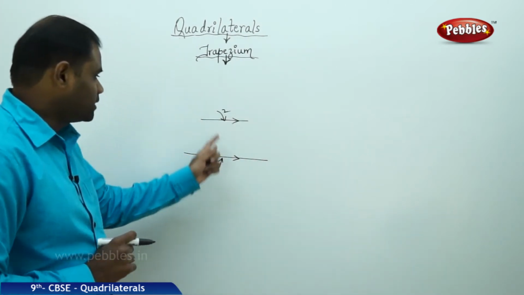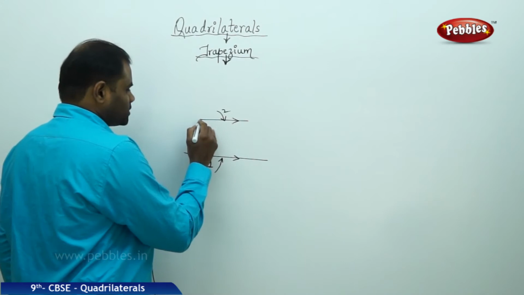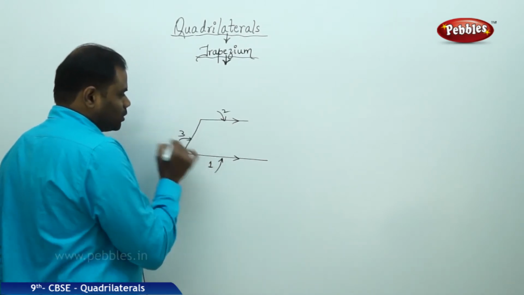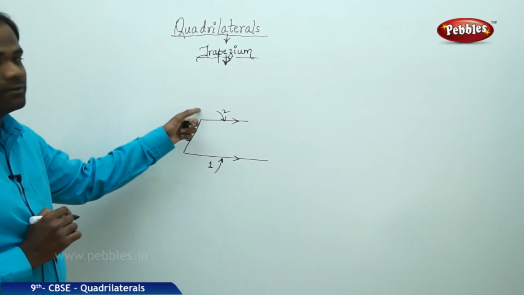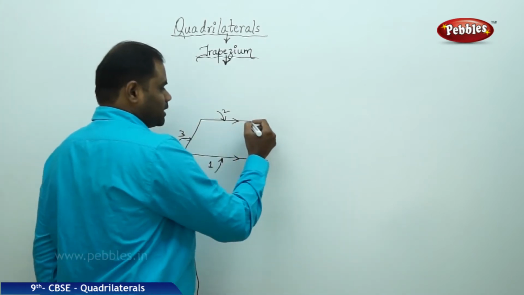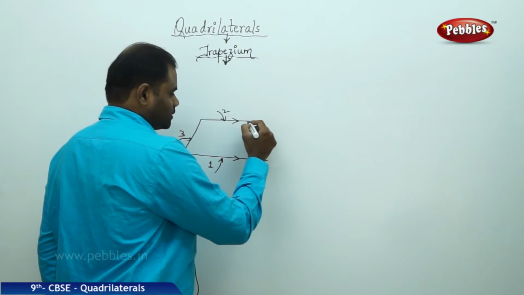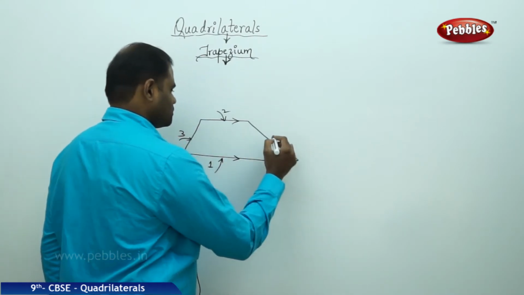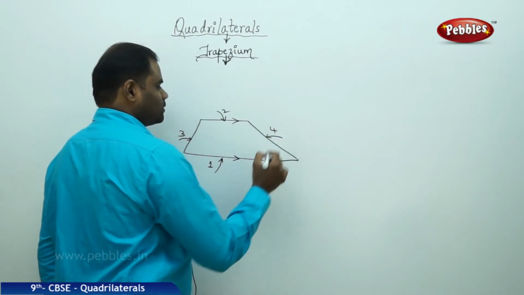Once I arrange in parallel, I arrange line 3, joining the ends of the first and second line. The other ends of the first and second line are joined by arranging the fourth line.